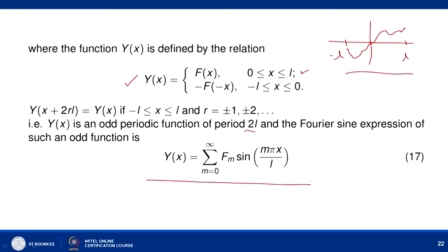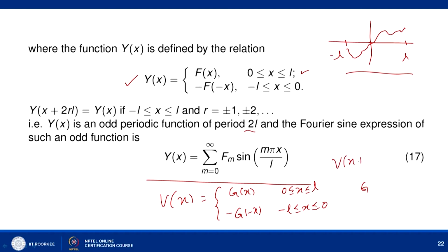The Fourier sine expansion of such an odd function we can find, like y of x equals sum over m from 1 to infinity of f m sin(m pi x by L). Similarly, you can define your v of x as follows: g of x for 0 less than x less than L, and minus g of minus x for minus L less than x less than 0. Here also you can consider the corresponding v of x plus 2rL equals v of x, where x is lying between minus L to L and r is plus minus 1, plus minus 2.